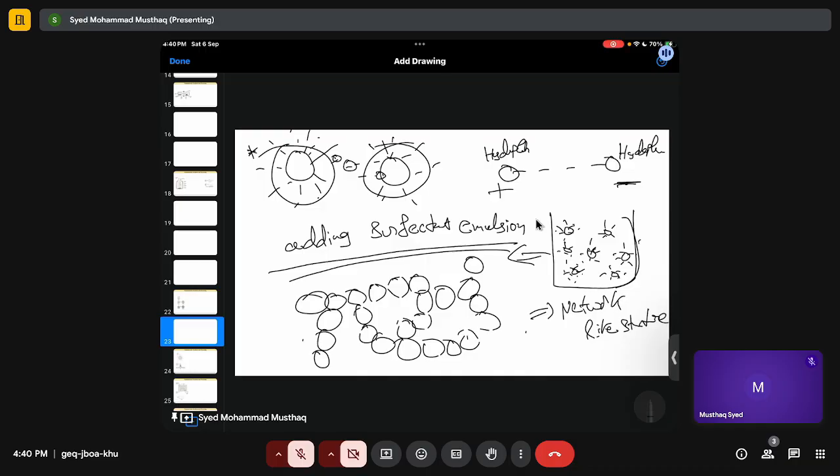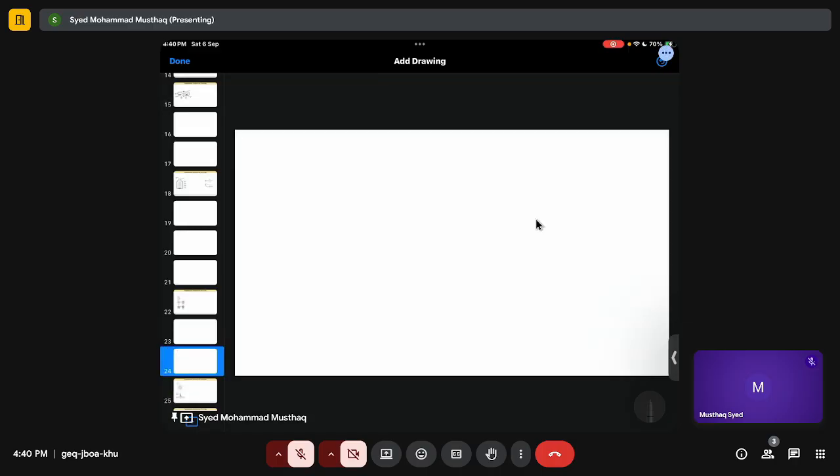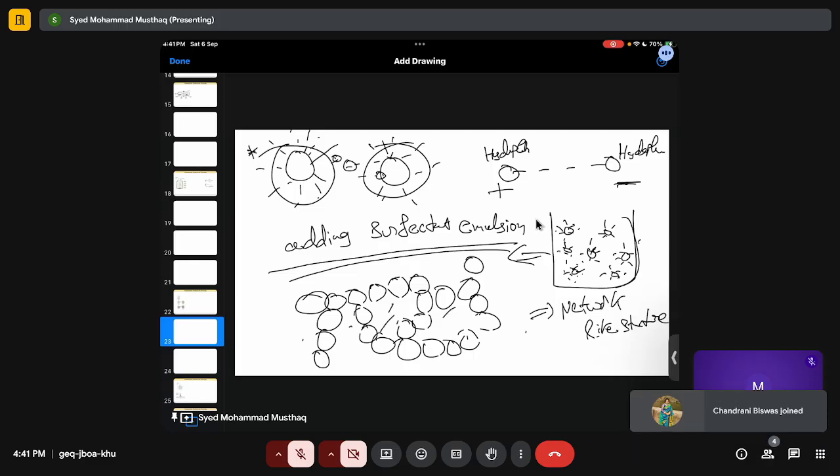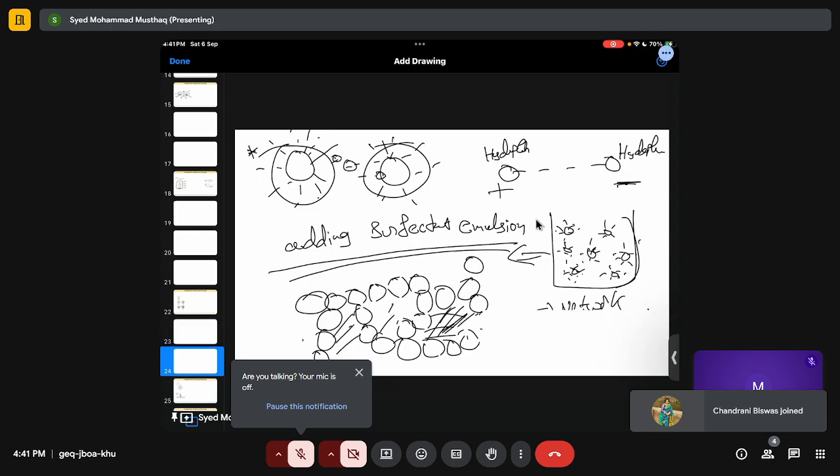Whenever you have a network-like structure, after that what you do is you dry it. Whenever you dry it, the liquid inside the structure will start evaporating.